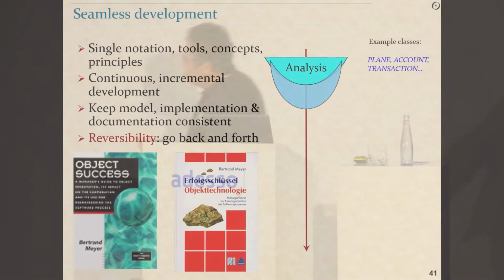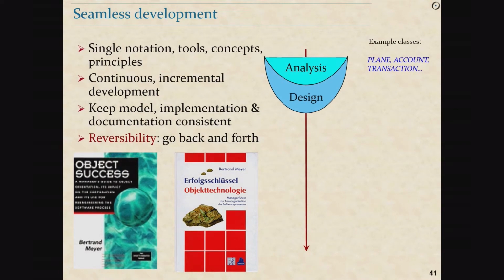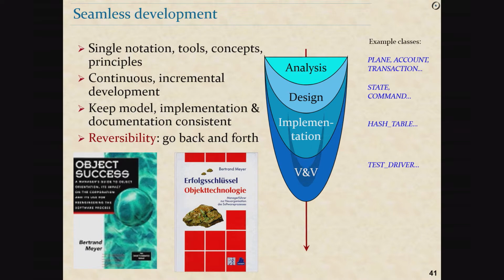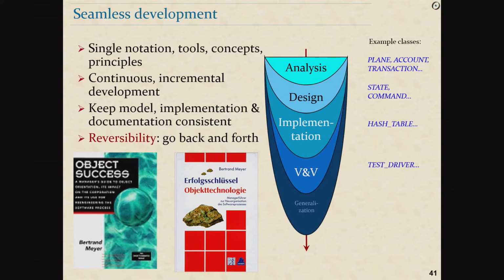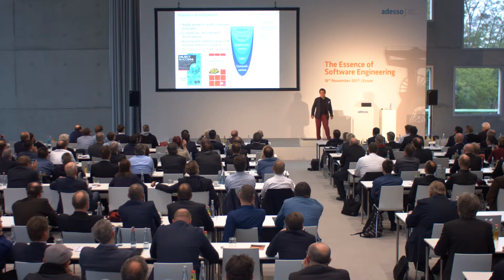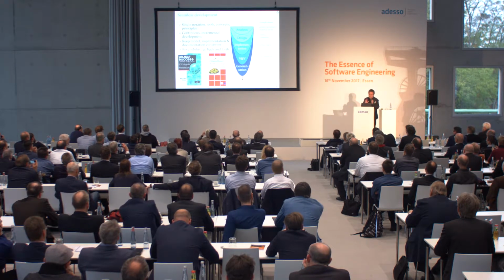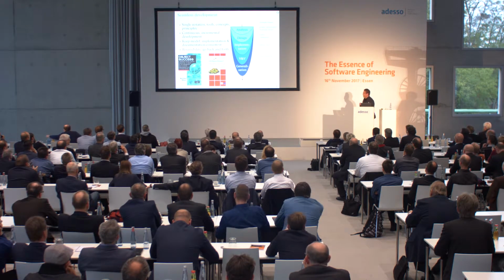Many years ago, in this book, Object Success, which was even available as Erfolgsschlüssel Objekttechnologie, which everyone has forgotten, I emphasized this notion of seamless development. I don't want to claim that it's my idea. Already the OMT book by Rumbaugh and others talks about seamlessness, Henderson-Sellers as well. But we really took this idea and made it a core part of the Eiffel approach.